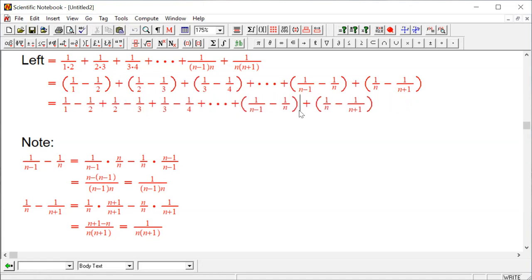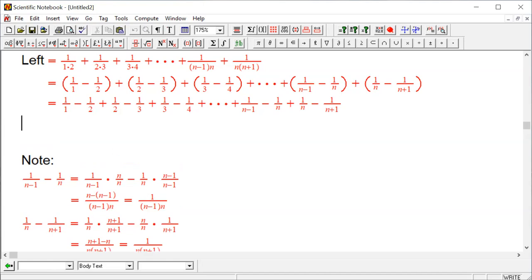When we open up the parentheses, what do we see? We see negative a half and positive a half, that makes 0. Negative a third and positive a third makes 0. Negative a fourth and the next positive a fourth makes 0. And all the way, so the term here will cancel with something in front of it, and this term will cancel.